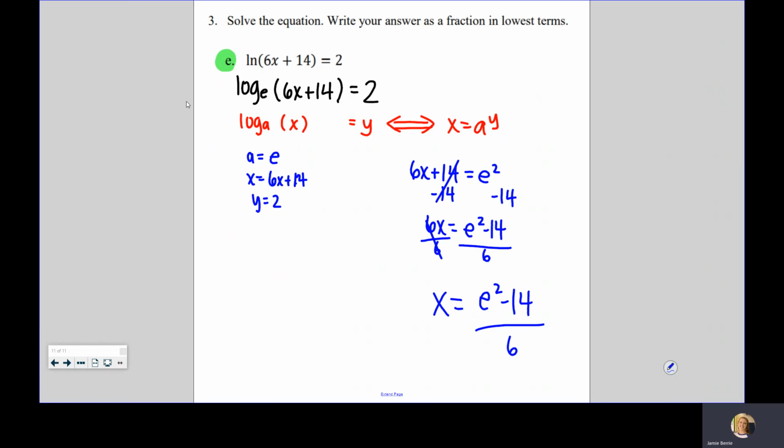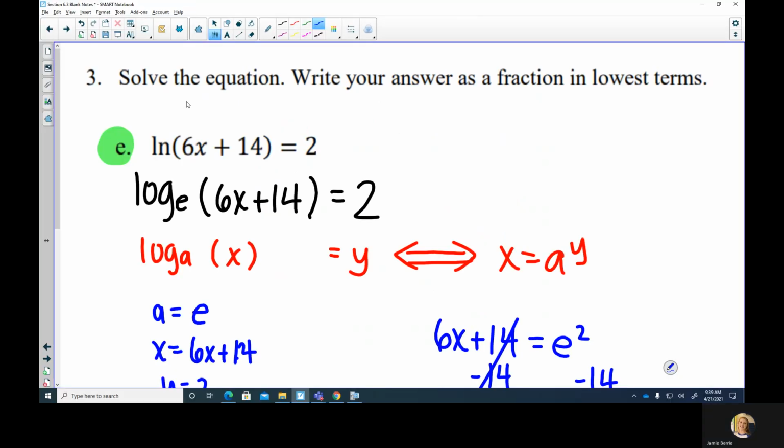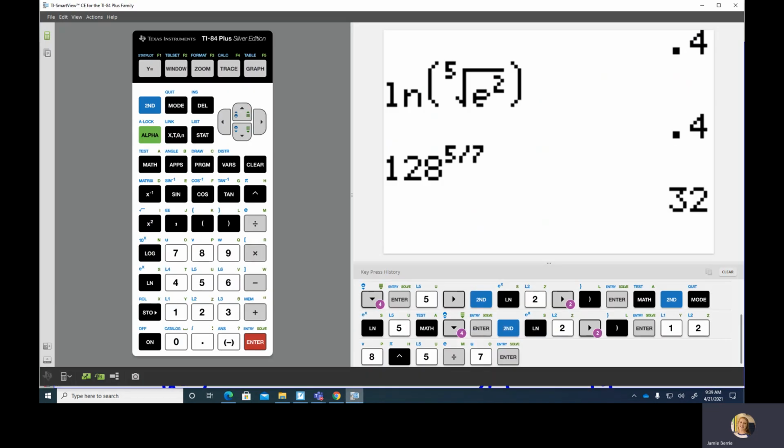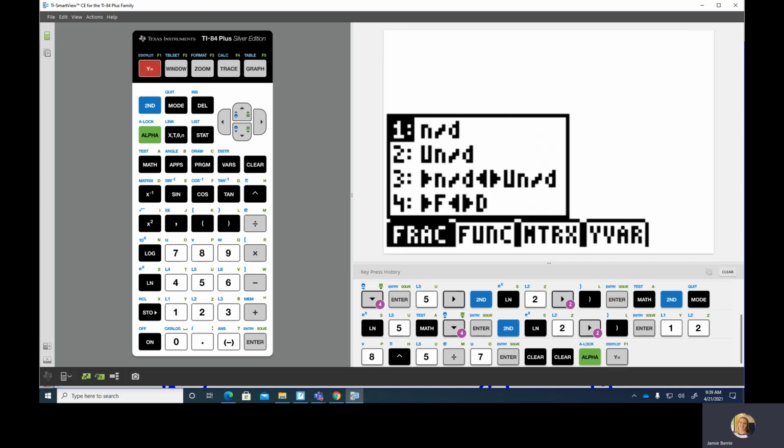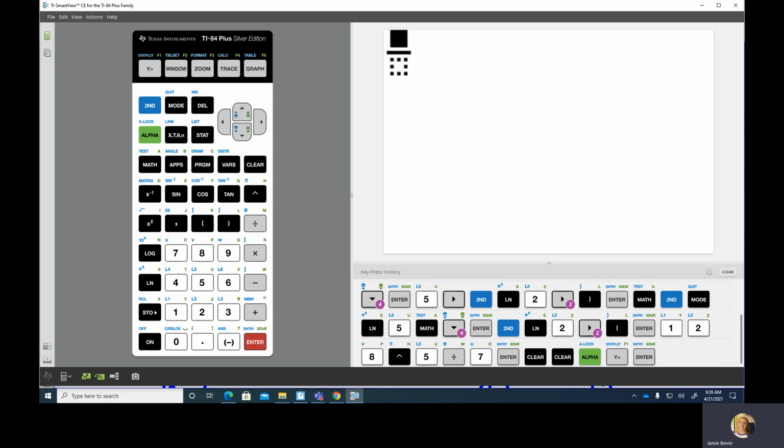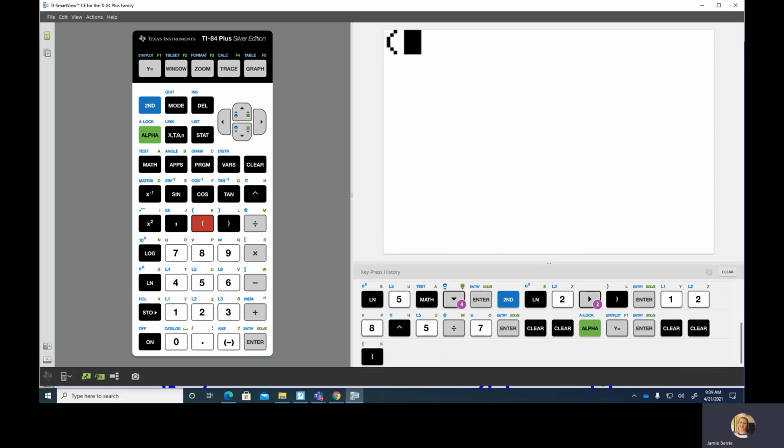And if they allow you to plug this in the calculator, or if they want you to write it as a decimal, then let's just plug that in real quick. Let me just show you how you would plug it in. If you have the TI-84, you have this little fraction button where you press alpha y equals, and it'll pull up this little fraction. If you have the TI-83, just make sure you put the numerator in parentheses.